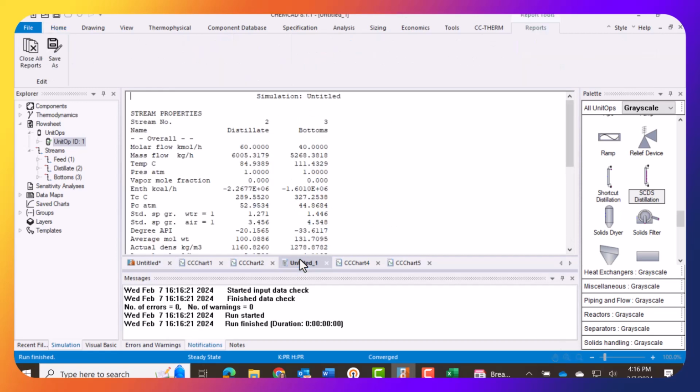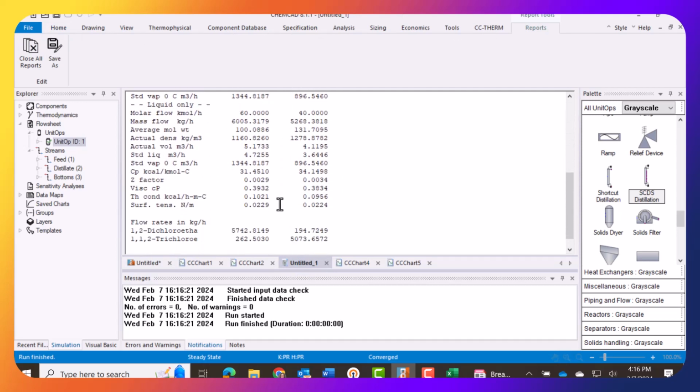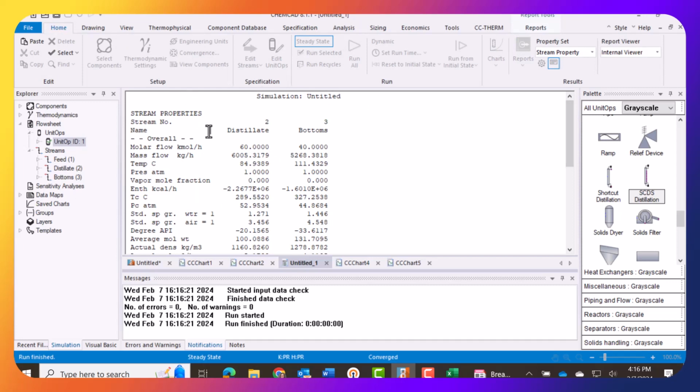If I look at these values, you can play games basically that way and try different options.